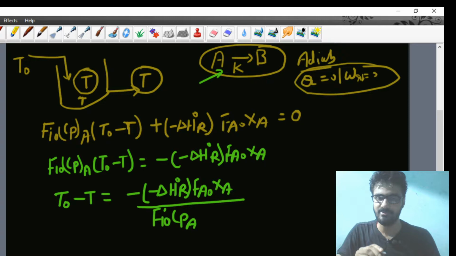That's why here F A naught is equal to F I naught. If the reaction is bimolecular, my dear student, then in that case F I naught and F A naught will be different. Okay, we'll tell you later.